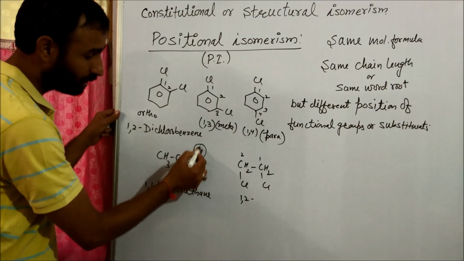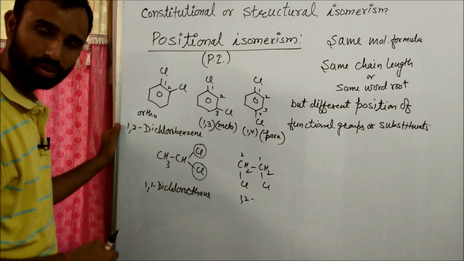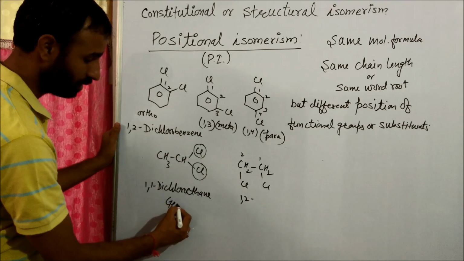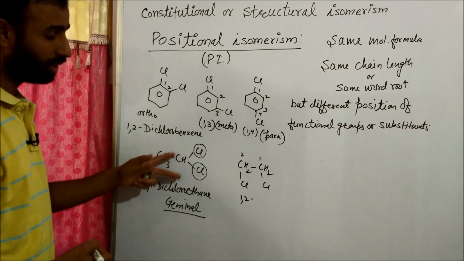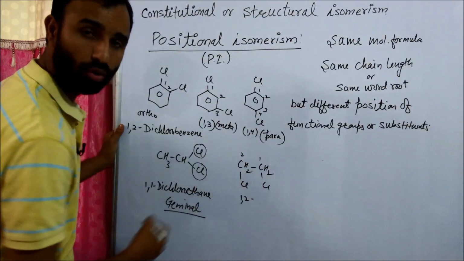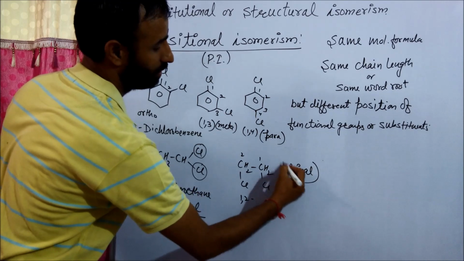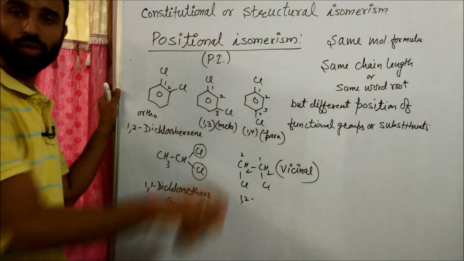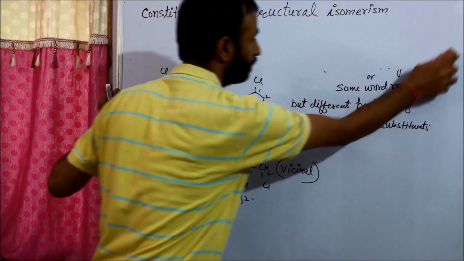If both the substituents or functional groups are attached on the same carbon, that is called geminal. So these are geminal dichlorides, and if they are attached at 1,2, they are known as vicinal. So they are vicinal dichlorides. So this is about positional isomers or positional isomerism.